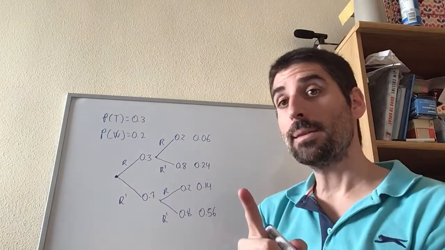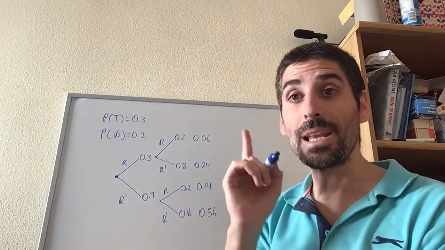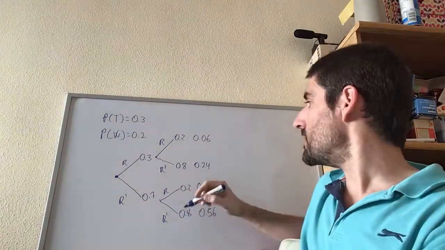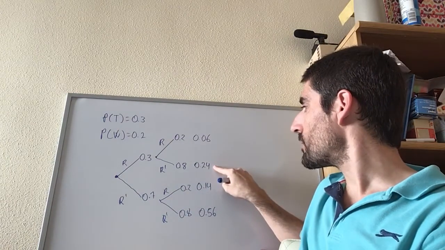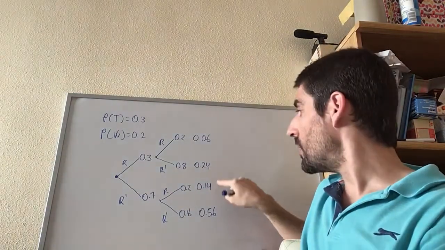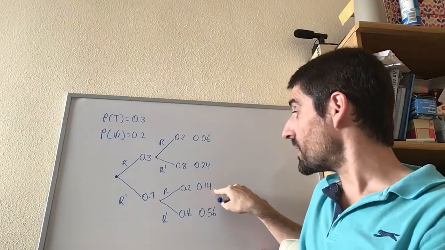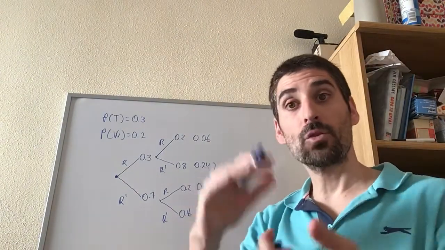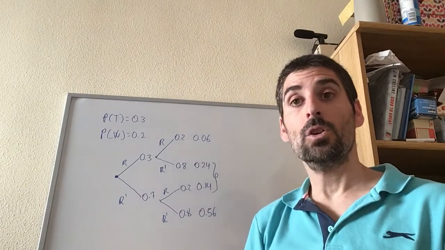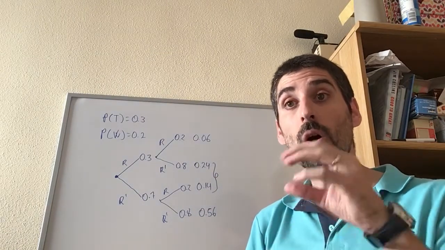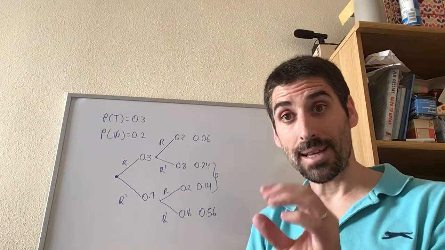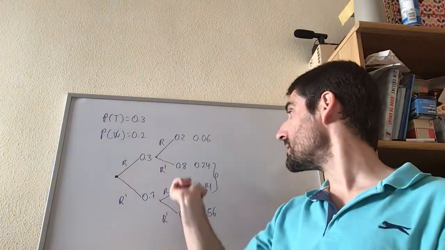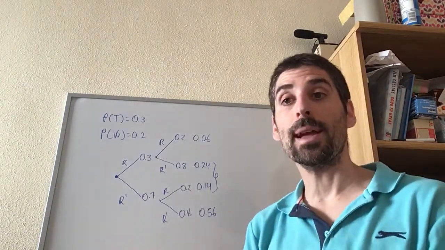So the probability that it rains on exactly one day is rain on Tuesday and not rain on Wednesday, or not rain on Tuesday and rain on Wednesday. If it's or, it means I have to add the probabilities. So the probability that it rains on exactly one day is the sum of these two. So 0.38. Okay.